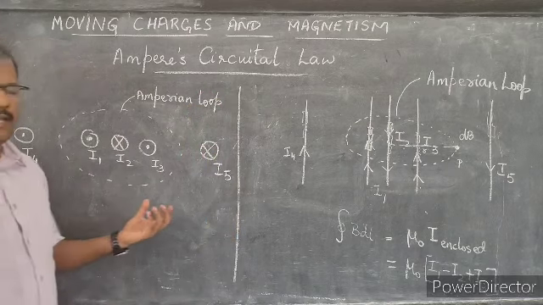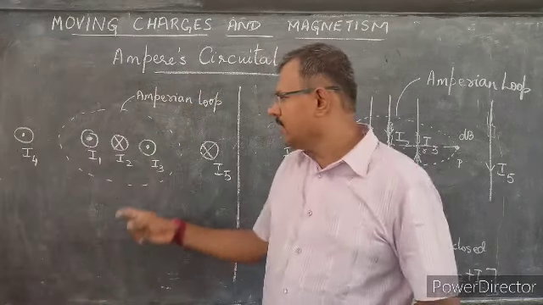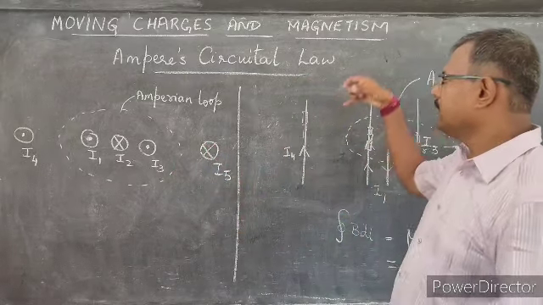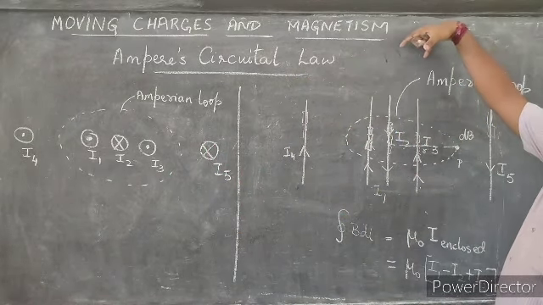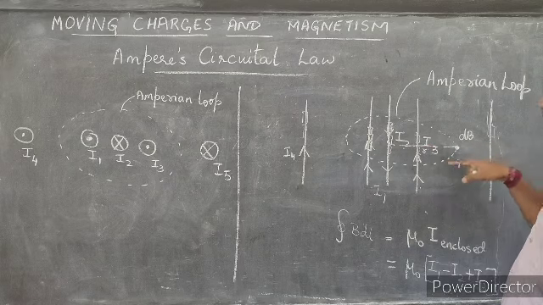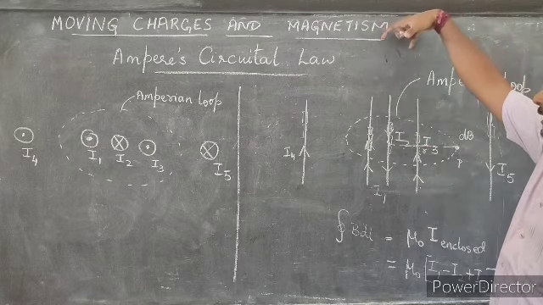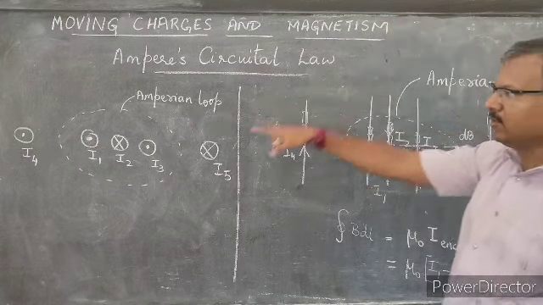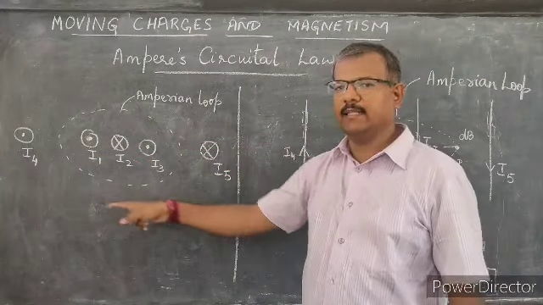So what have I done? I have considered the possibility that I am looking at this entire arrangement of 5 current carrying conductors and my Amperian loop from the top. So I will see something like this.